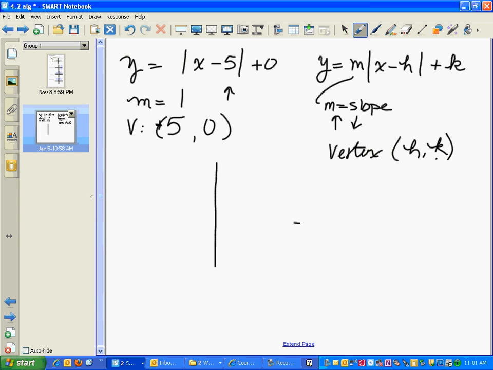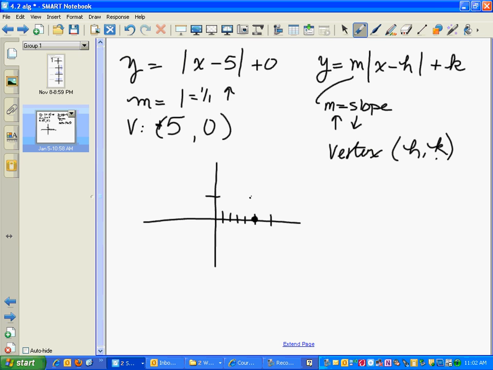Okay. So 1, 2, 3, 4, 5, 0. This is going to be either the max or the min of the absolute value function. My slope was 1, correct? So basically, because it's positive, we're going to start by going up 1. And then because it's symmetric, as a fraction, we want to think about this as 1 over 1, correct?